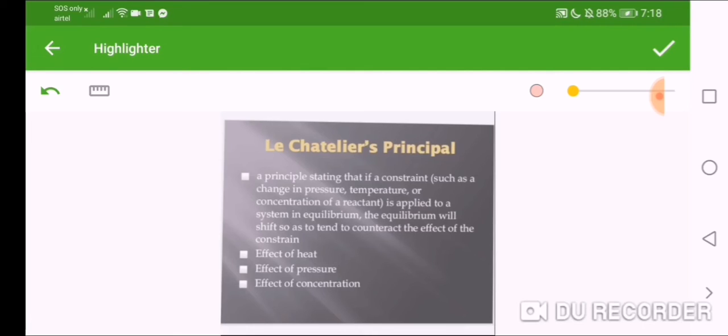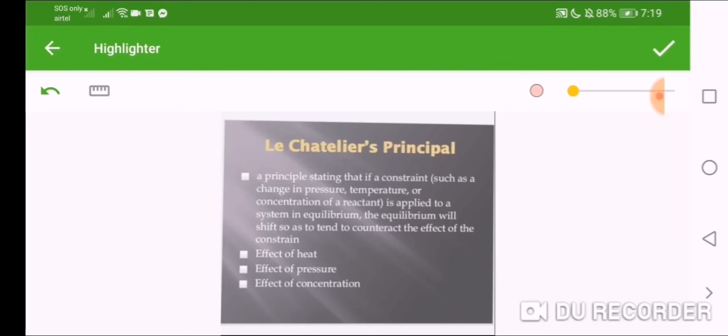It is applied in chemical equilibrium or equilibrium reaction. In equilibrium, when a reaction occurs, if we apply some heat, pressure or change of concentration, what happens in the reaction is discussed in this principle. The principle is given below.